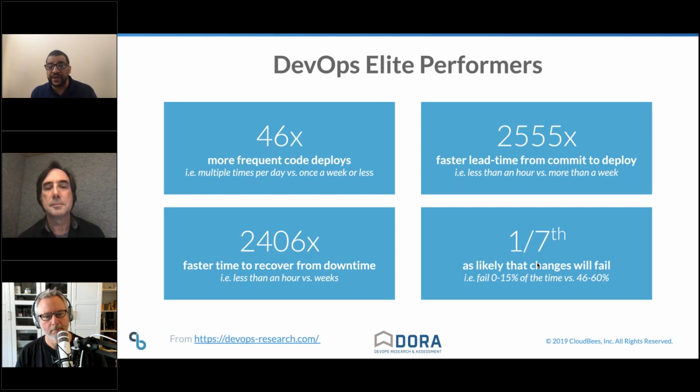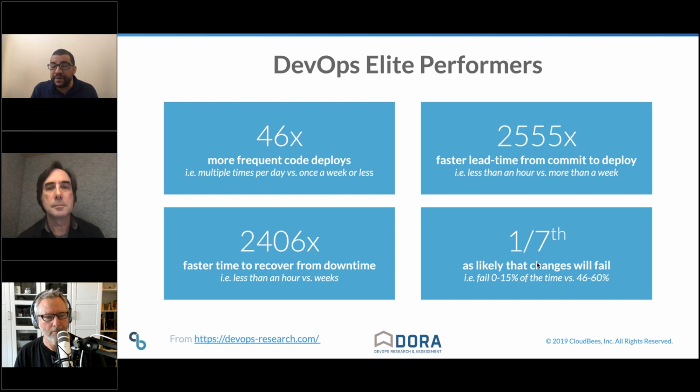What we have on the screen here is from learnings, metrics from that report focused on DevOps elite performers. And what we're finding is that people that practice DevOps based on solid continuous integration and continuous delivery practices are seeing fantastic improvements. They can deploy code 46 times more frequently.